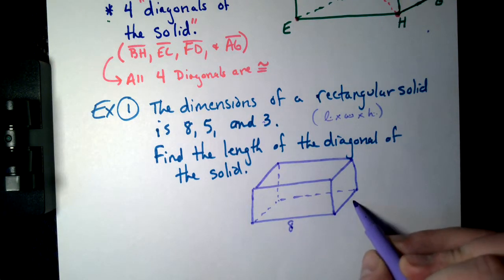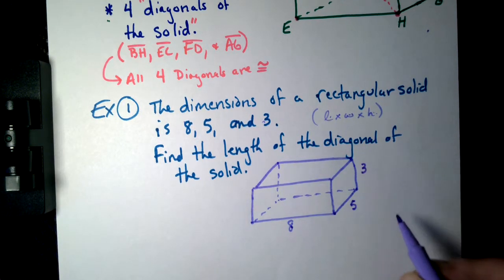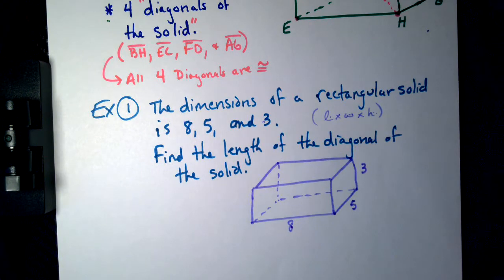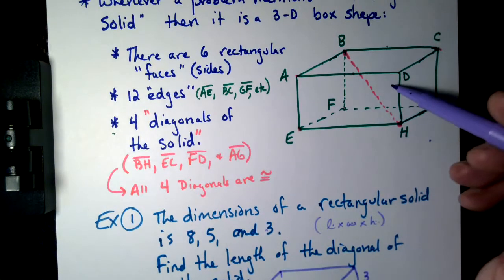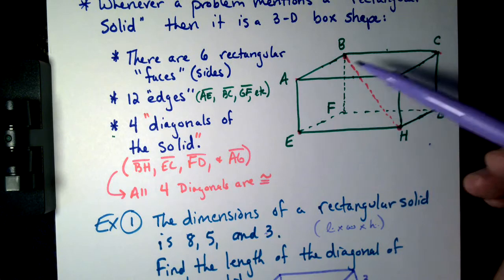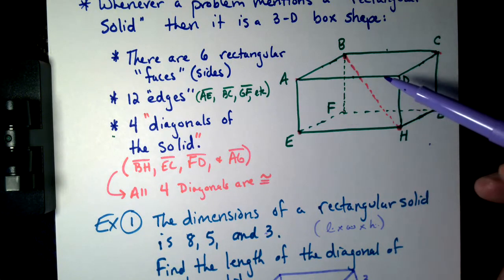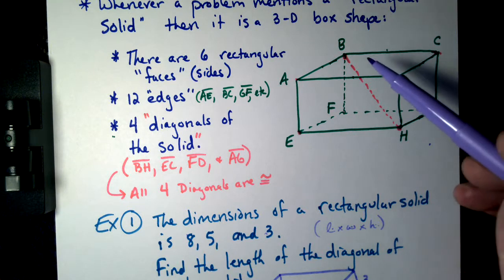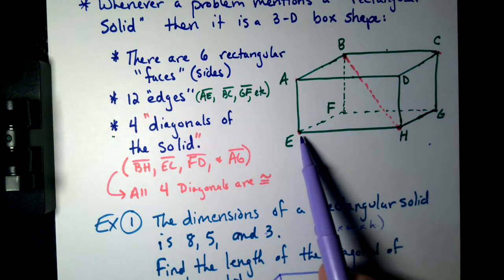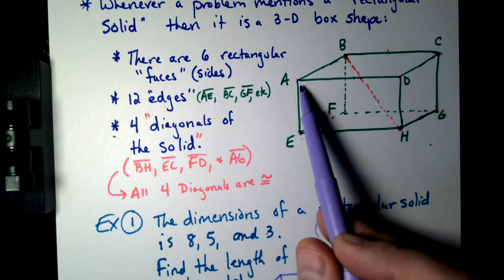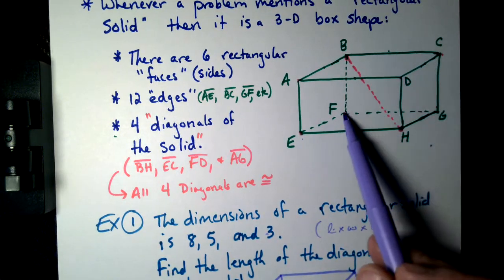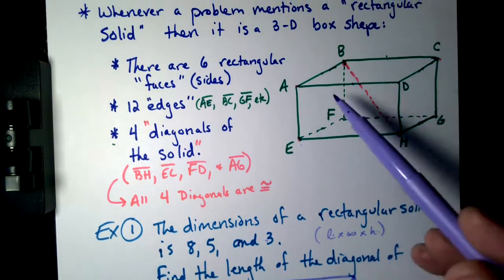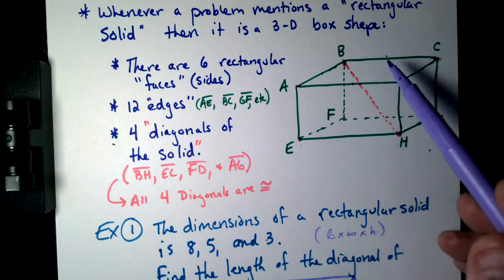Length, width, height. Now, I probably should have talked about it on this diagram up above, but all the height lines are going to be the same. So AE is the same number as DH, is the same number as CG and BF. All the length numbers, EH, AD, BC, FG, because they're rectangles, they're all going to be the same number.